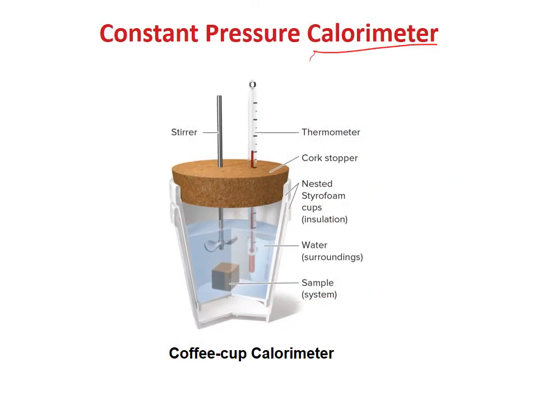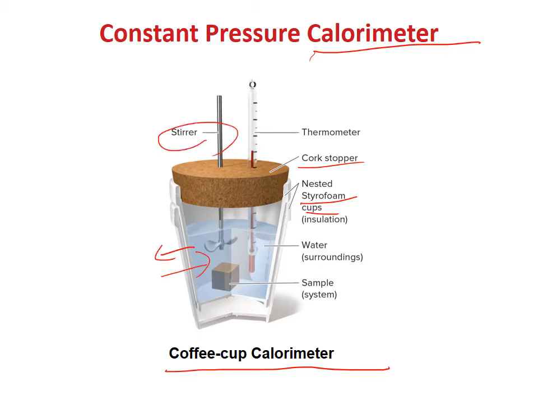Calorimeter is used to measure heat in a process. There are two types of calorimeters: constant pressure and constant volume. Coffee cup calorimeter is an example of a constant pressure calorimeter. This calorimeter uses a styrofoam cup as its container and a cork stopper for the cap. This ensures that the system is insulated, so heat cannot escape or go in.